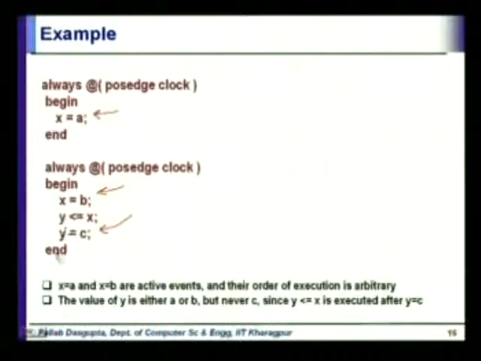Okay. So to conclude this, X equal to A and X equal to B are active events, and their order of execution is arbitrary. They are in the same list of the timing wheel, and they can be ordered in any way. The value of Y is either A or B, but never C. Why?